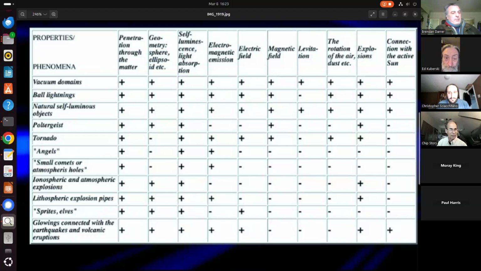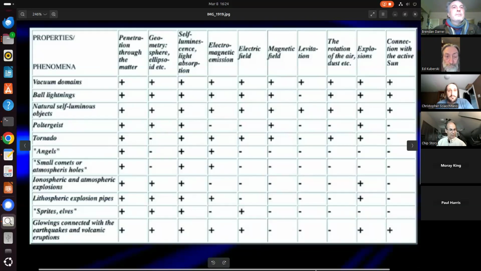Good check marks in the first three, penetration through matter, geometry, sphere, ellipsoids, etc., self-luminescence, and explosions. Everything else is negative. All the fields in the solar connection. Interesting. Okay.